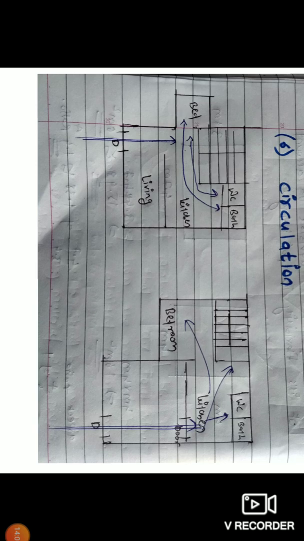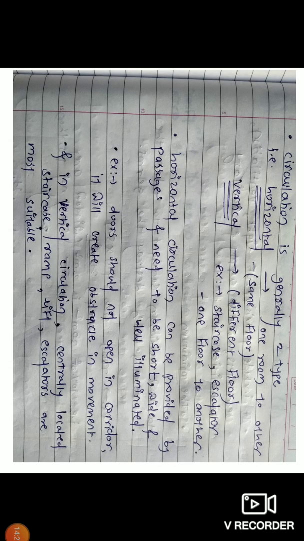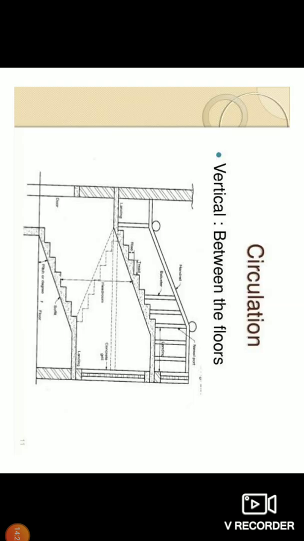On the other hand, the second case is not desirable, not convenient; it is difficult to enter and travel to the different rooms. Hope you understand horizontal and vertical circulation. In this diagram, vertical circulation is given between the floors.